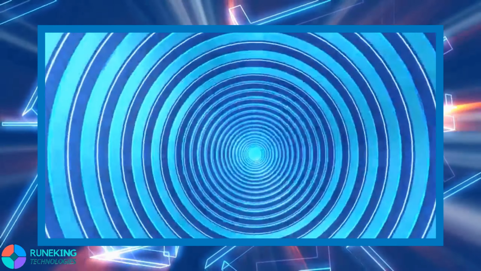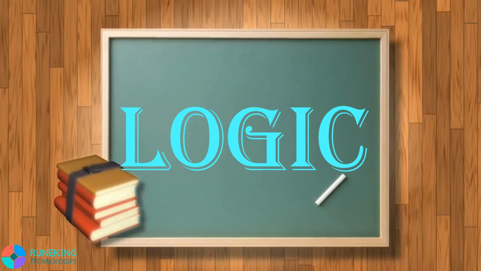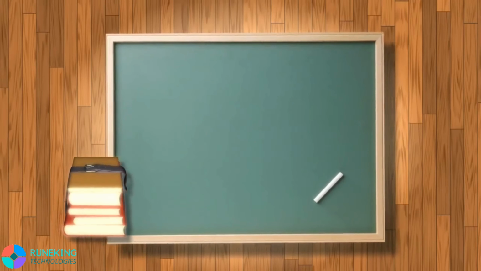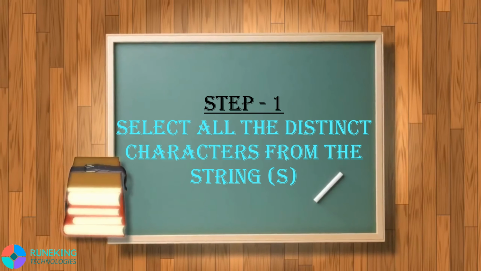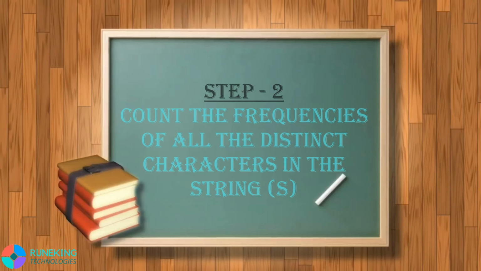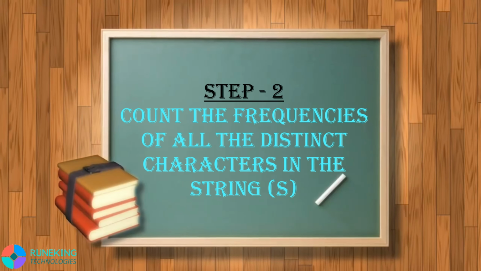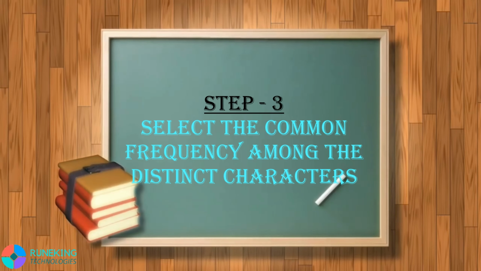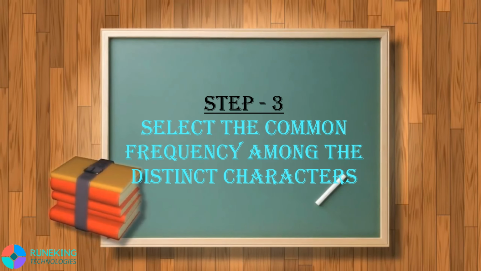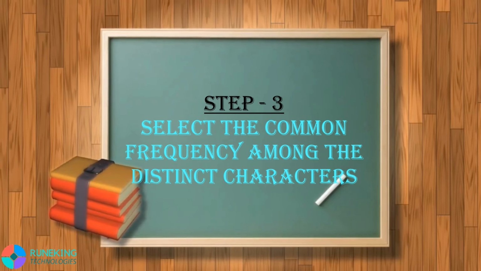As we have understood what the problem wants to say, our next step is to build the logic to solve this problem. According to our logic, our first step is to select all the distinct characters from the string S. Then step number 2 is to count the frequency of all the distinct characters in the string S. Then step number 3 is to select the common frequency which most of the distinct characters have.